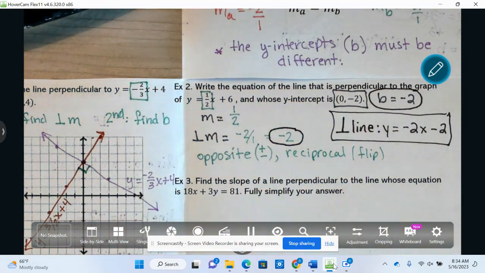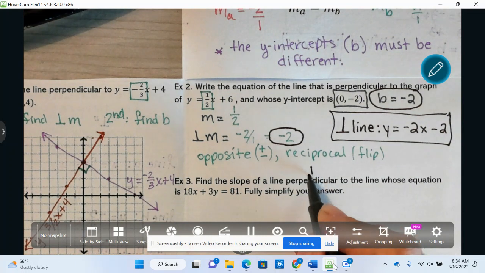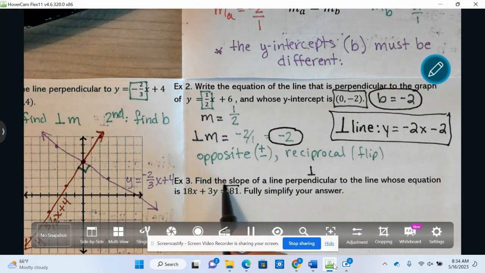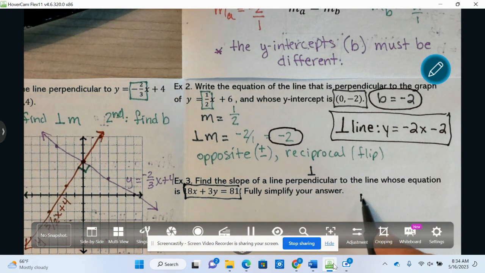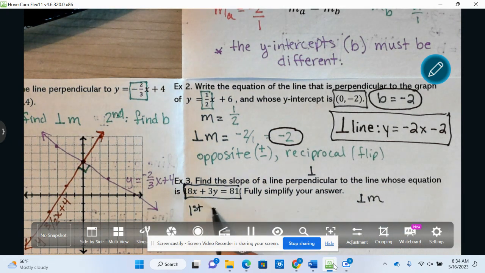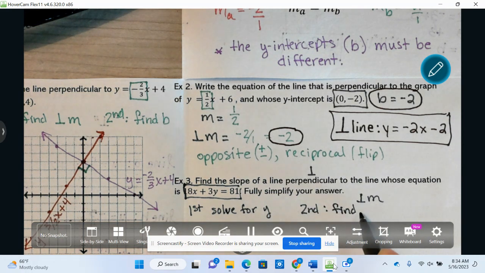Example number 3. Find the slope of a line that's perpendicular to the line whose equation is this line right here. So all we're trying to do is find the slope. We just need to figure out what the perpendicular slope is. So first, we need to solve for y. And then second, we need to find the slope of the original equation.